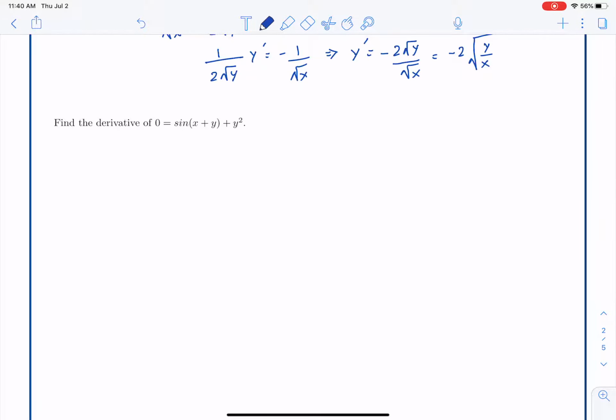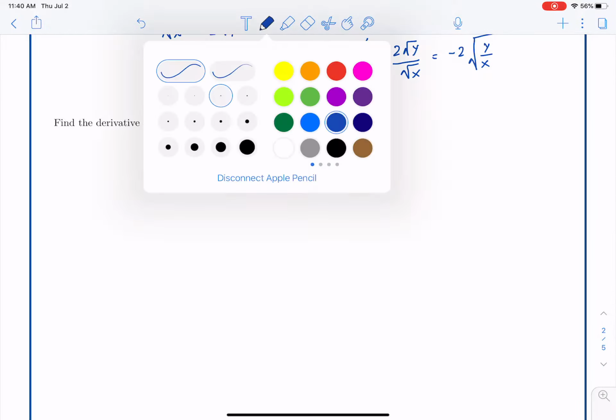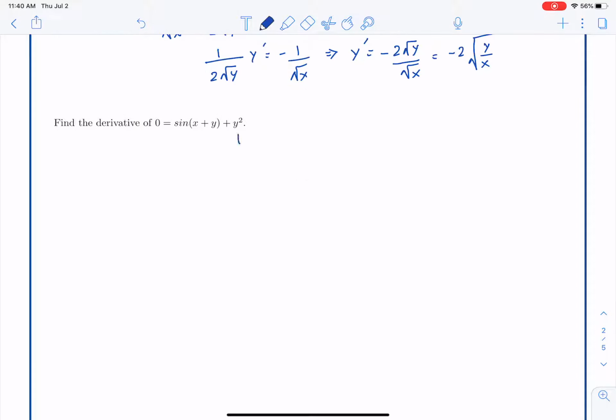So here is another example where we have a function of y and a function of x and y. So this is type 1 and type 2 combined together. So we have sine of x plus y, squared, is equal to 0.